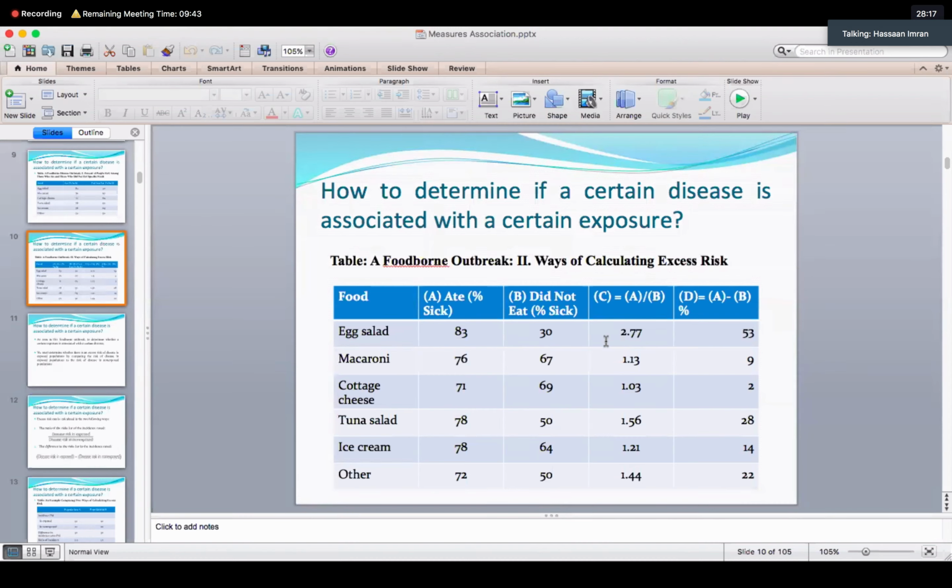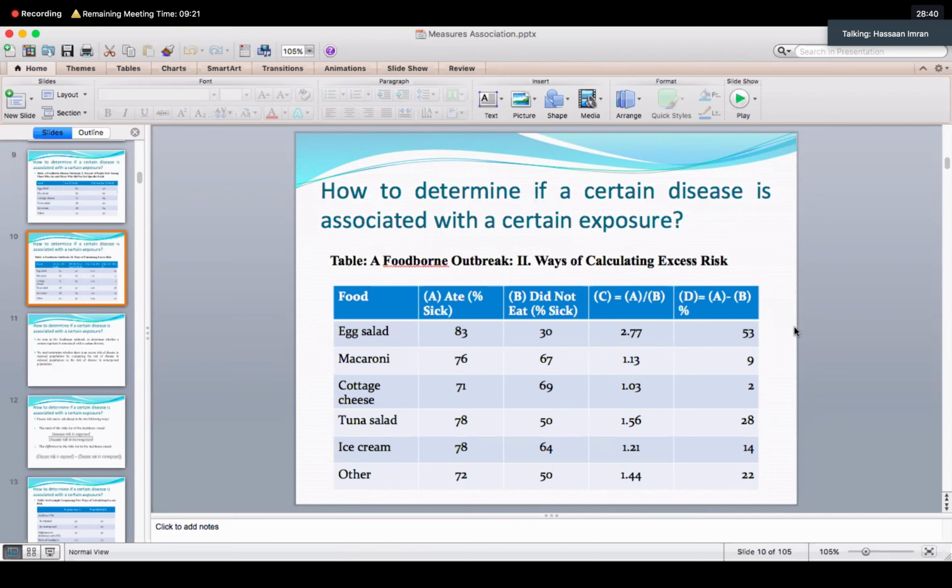This means that those who ate egg salad were 2.77 times more likely to end up with this disease, any of the foodborne illness we might be talking about, as compared to those who did not eat egg salad. So they are telling you about the probability of developing disease among those exposed to egg salad.